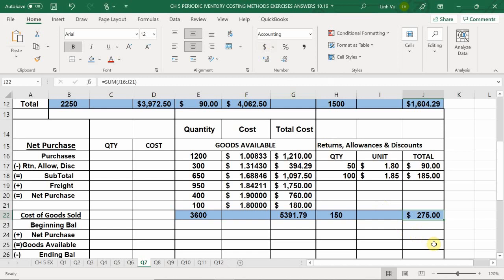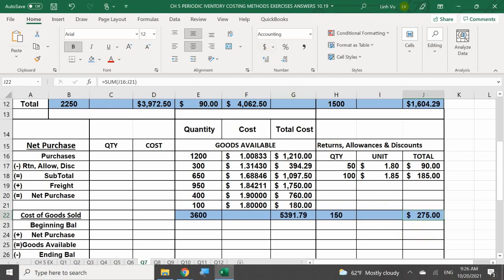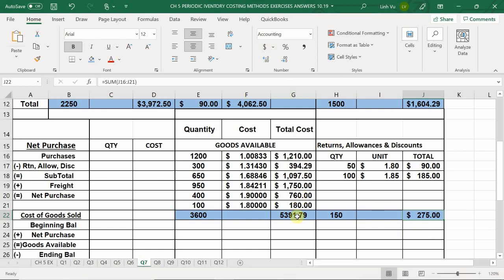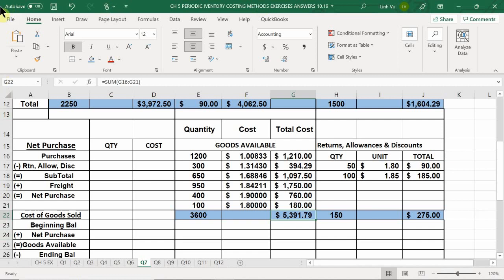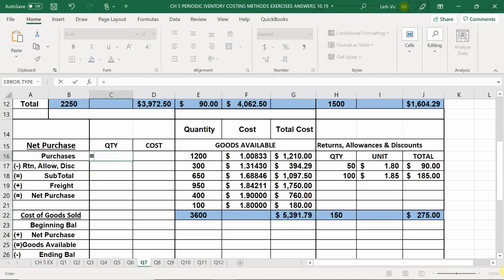Okay. So now that I solved for all my units here, let's go ahead and plug all of our numbers into my net purchases side to solve for my total cost of goods sold. So here, how many total items did I purchase?